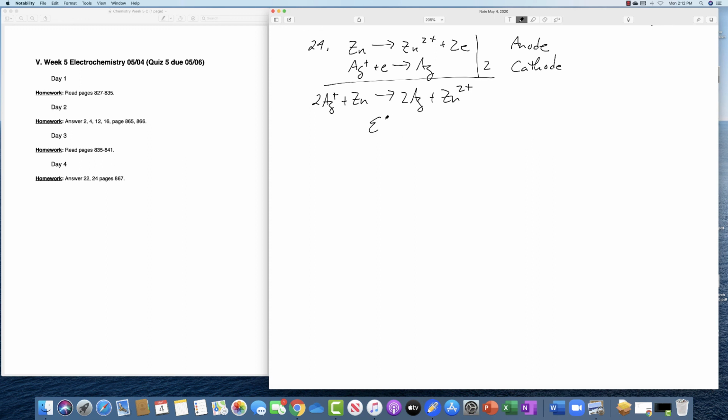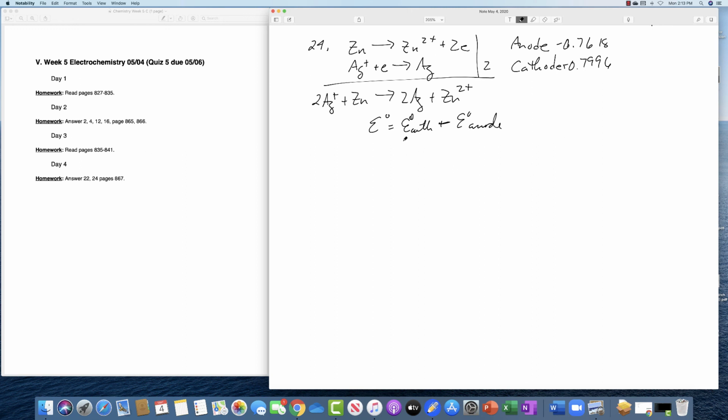And then E0 is going to equal the E of the cathode minus, excuse me, the E0 of the anode. And looking in the back of the book, the anode is minus 0.7618, and the cathode is 0.7996 plus.